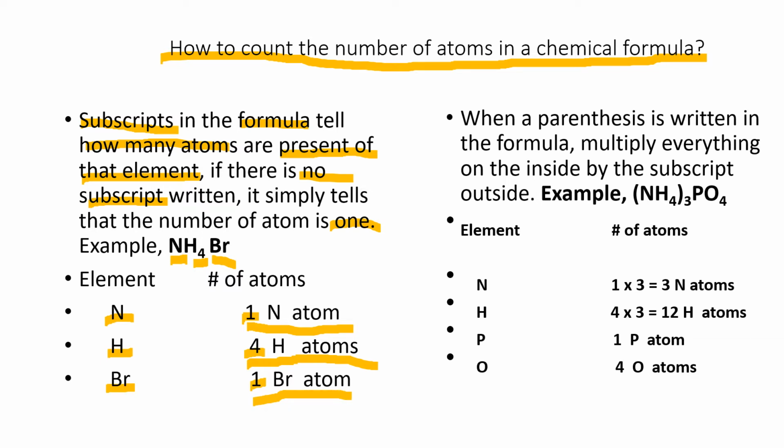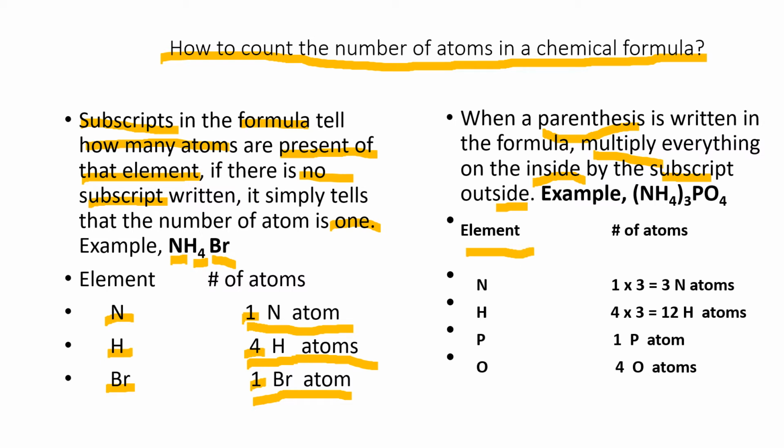Now, when a parenthesis is written in the formula, multiply everything on the inside by the subscript outside. So, an example is NH4 parenthesis 3 PO4, ammonium phosphate. First, identify again the elements.